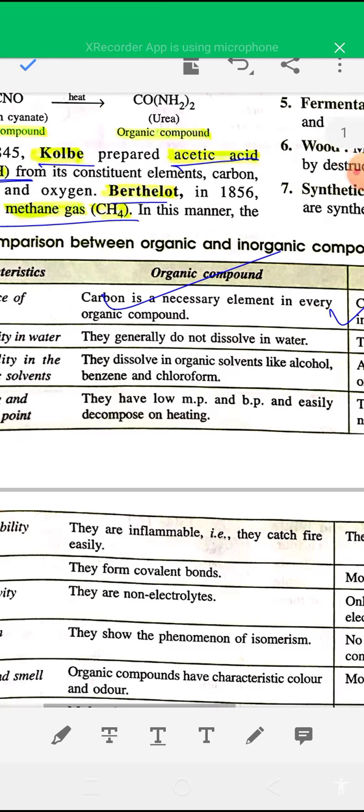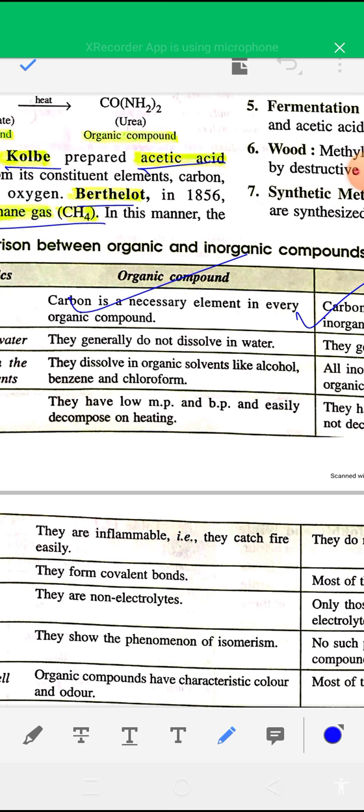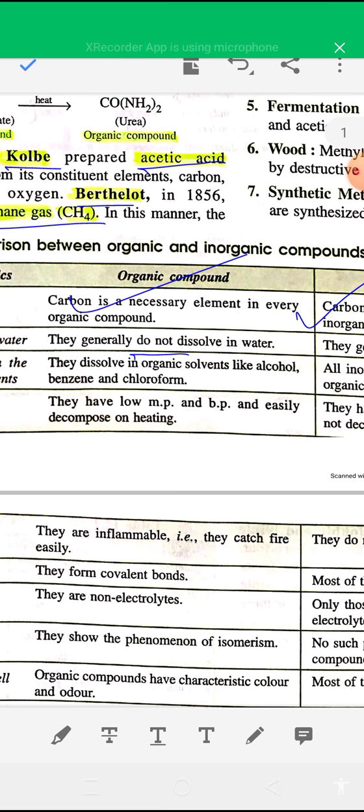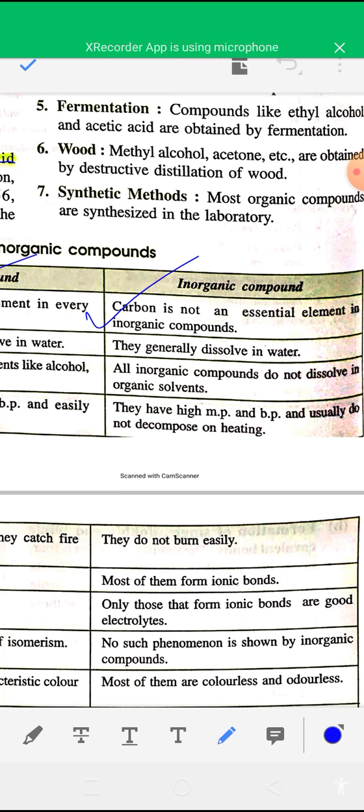Solubility: organic compounds generally do not dissolve in water, but inorganic compounds generally dissolve in water.